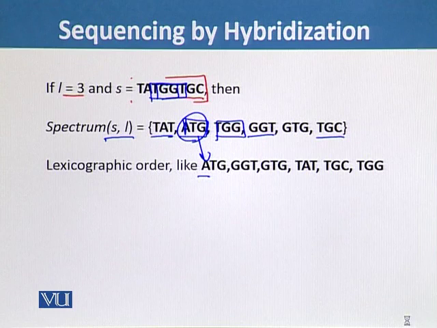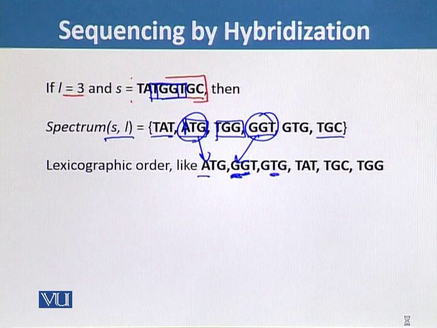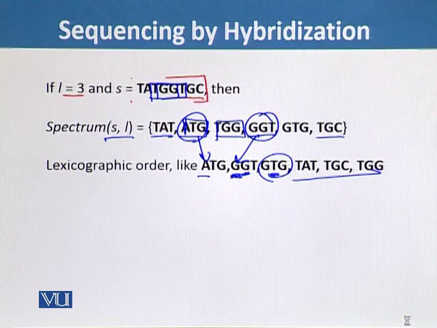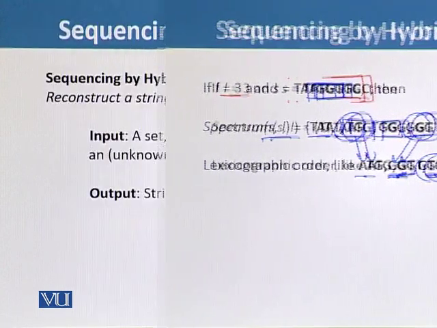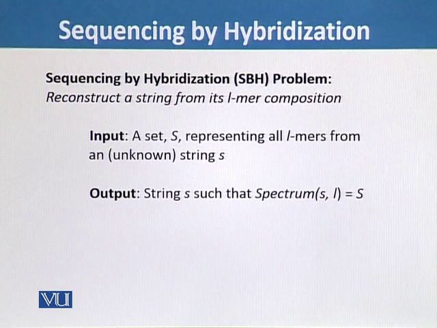Then after A, this is G, which will come in the second position. Then this is again G, so we look at the second letter. If it is G and it is T, then it will come afterwards, and so on. So we can solve the problem of sequencing by hybridization.